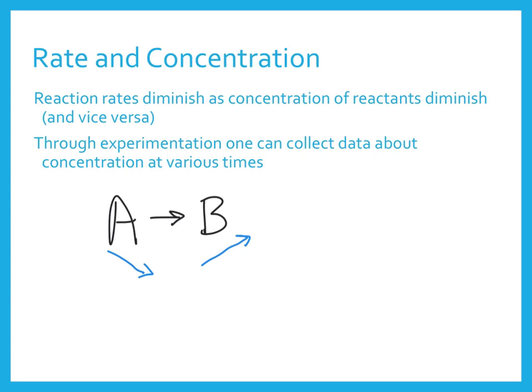They will have a curve in them. If we have a high concentration of A initially, we may have a fast rate, and as we reduce the amount of A present, as we change it into B, you would see down here the rate gets slower.